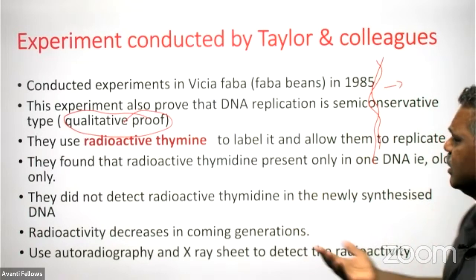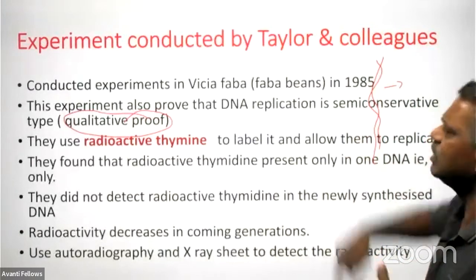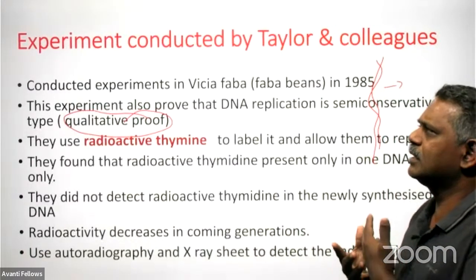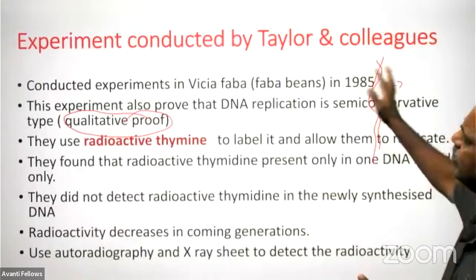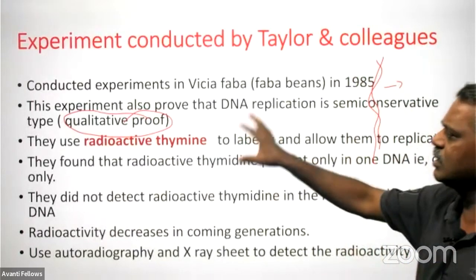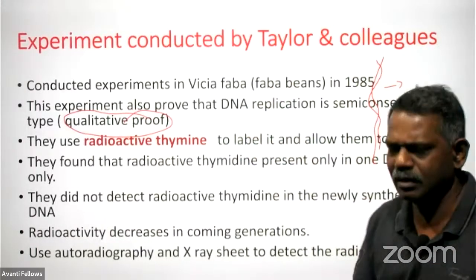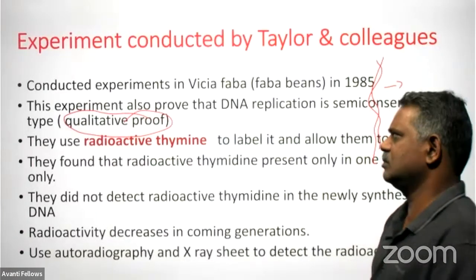The newly constructed DNA does not have the radioactive thymine, whereas the old master strand has the radioactive thymine. Such an experiment was conducted by Taylor and colleagues. It is the qualitative proof to explain that the process of DNA replication is a semi-conservative one.